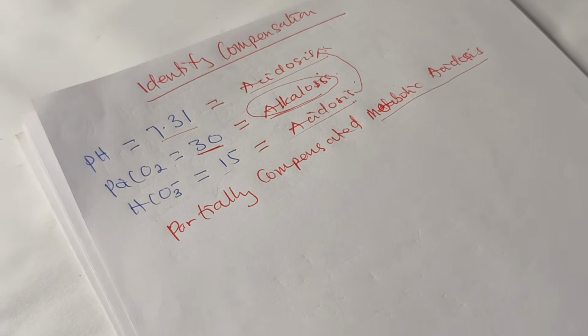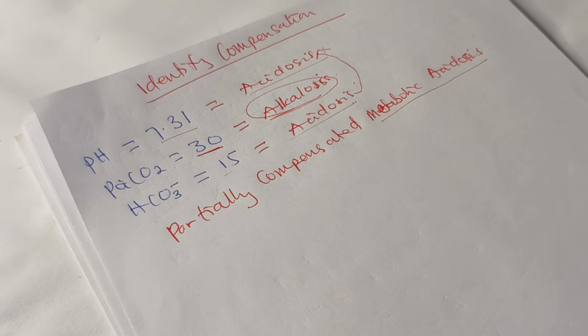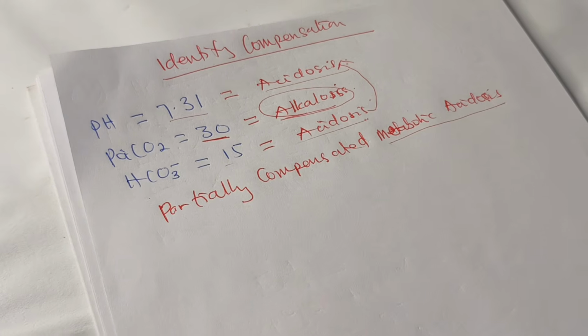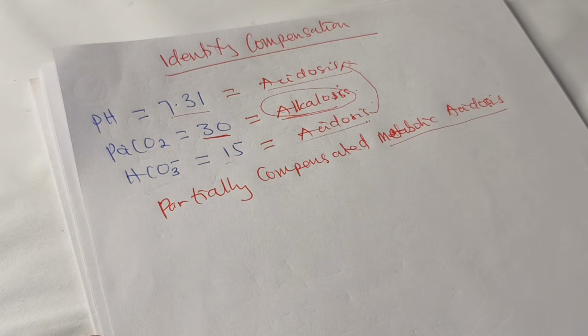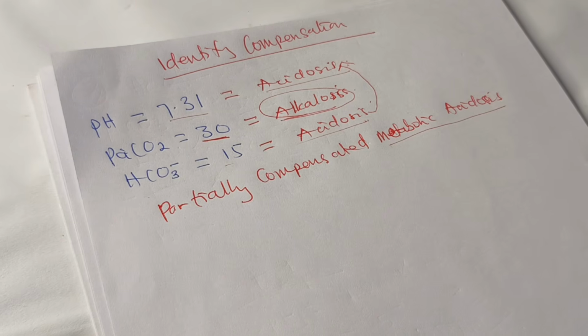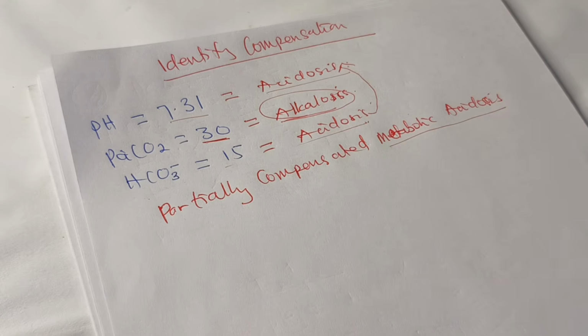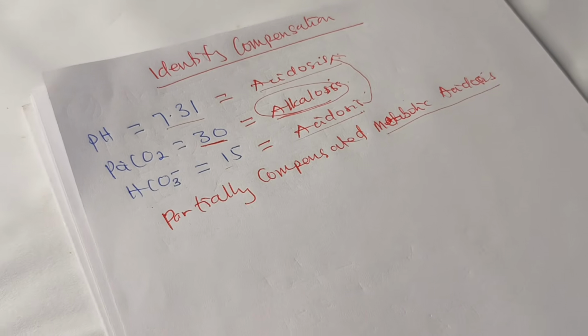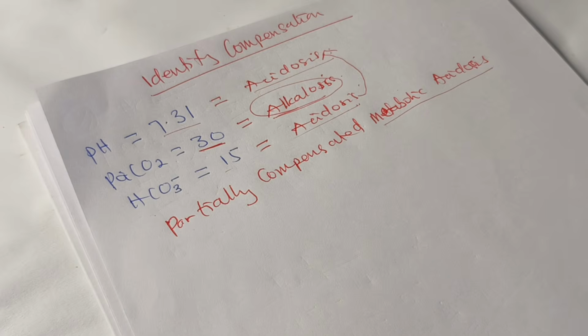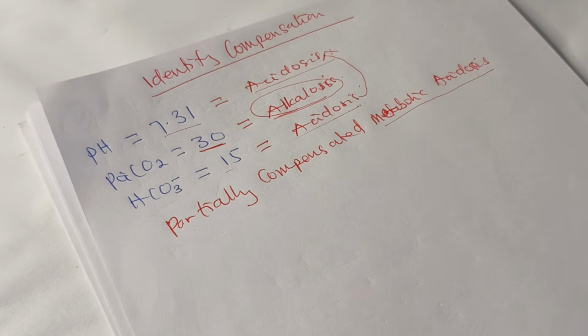Now, in compensation interpretations, we have three things. Either you have partially compensated ones, you have fully compensated, or there is uncompensated.